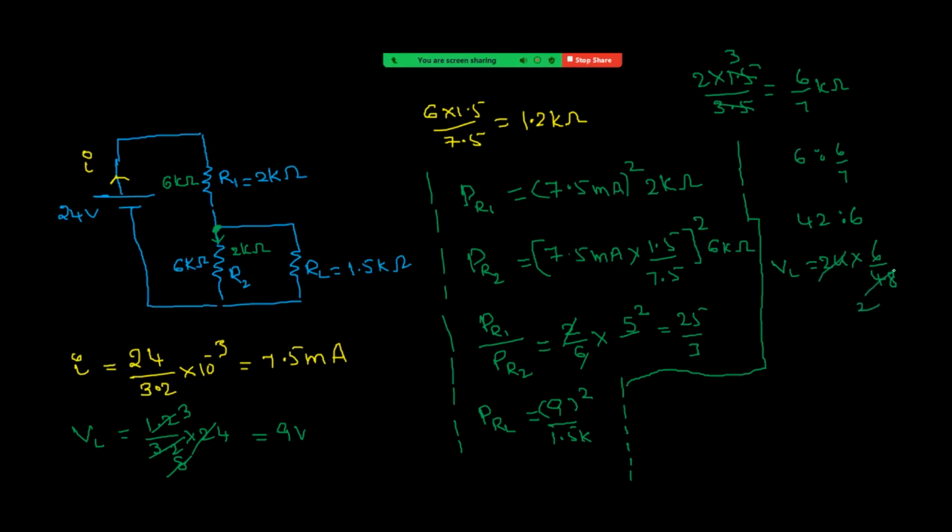This is now 2 times, equal to 3. Now power across the load resistance in the second case, I am taking as dash here, is equal to 3 square upon 1.5 K. Now compare. This is 9 square. This is 3 square. That means it has decreased by 9 times. So option D is correct. Okay.